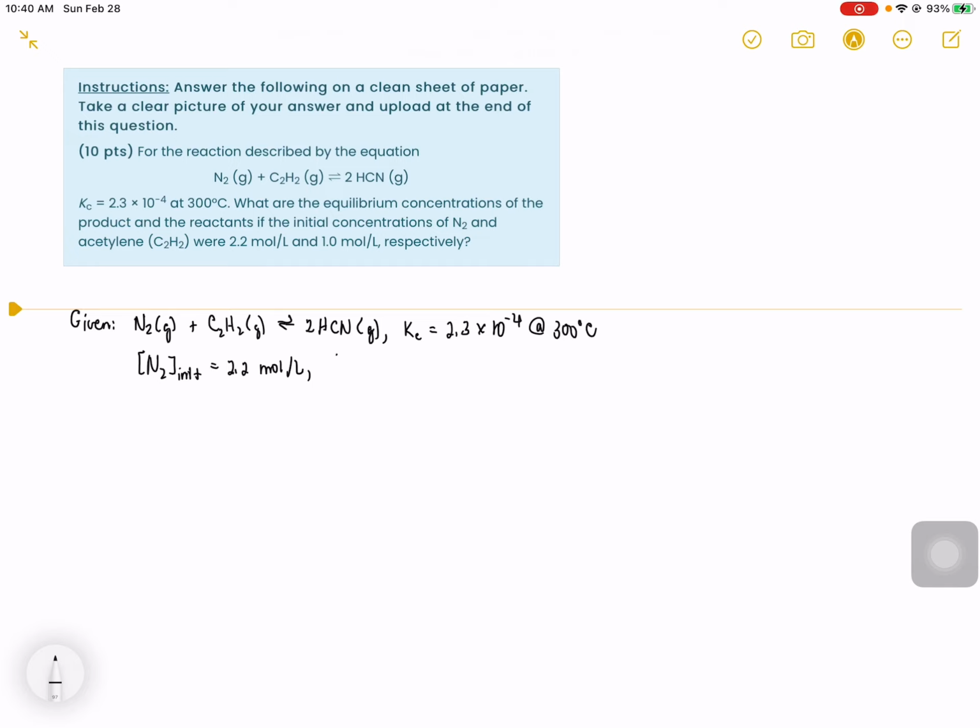Same with the initial concentration of acetylene, also known to us. So that is 1 mole per liter. Given all of this information, we are now being asked to find the concentrations of the product and the reactants at equilibrium.